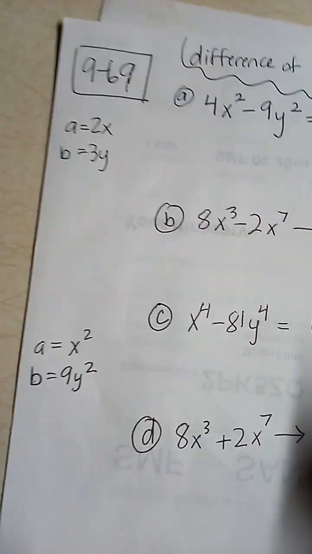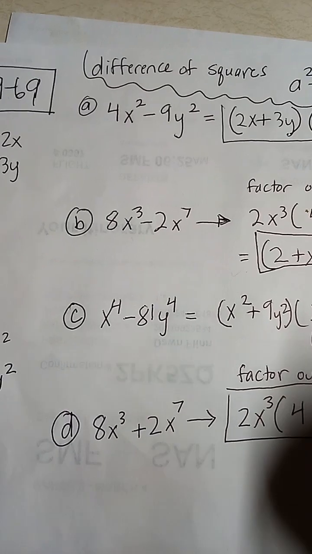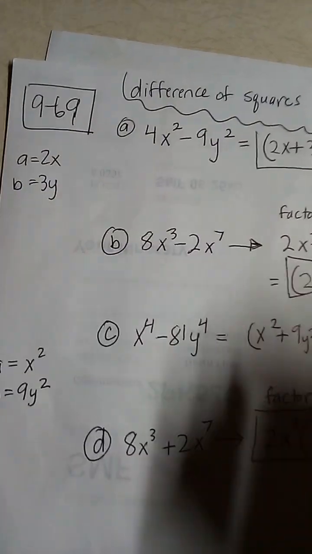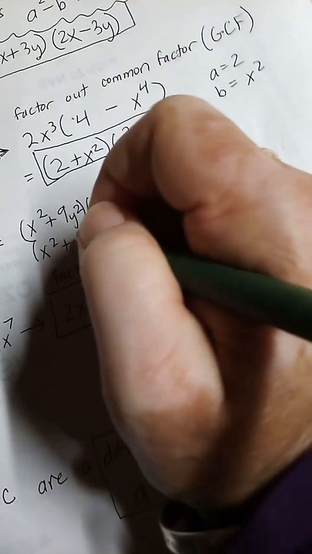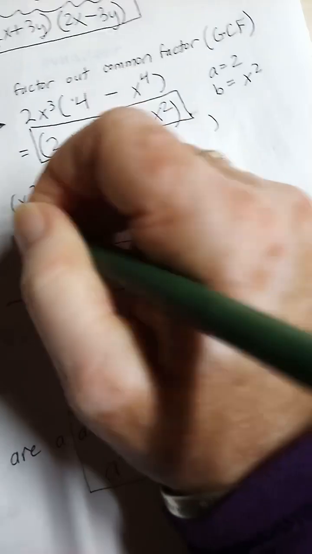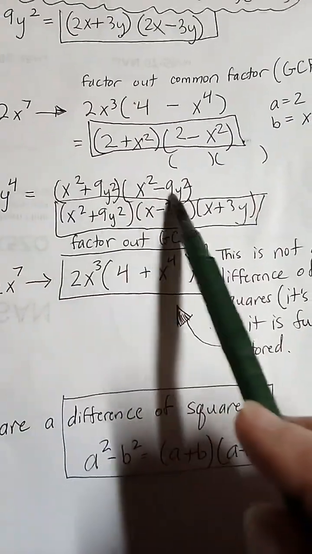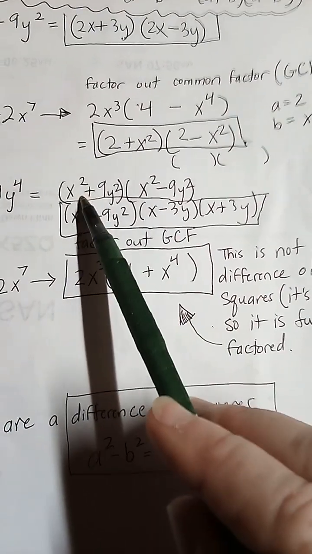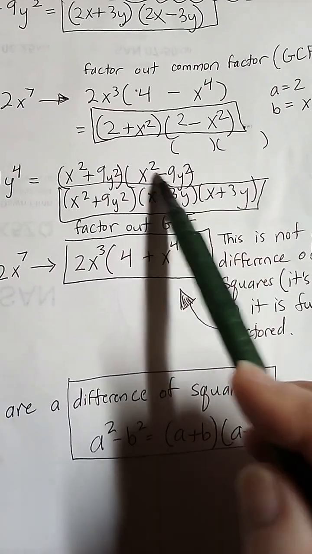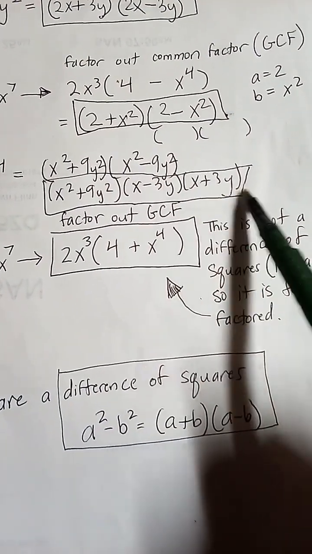So I'm going to rewrite this as x minus 3y, x plus 3y. I know you can't see what I'm writing. When I took the difference of squares, I ended up with another one, so I could do it again. I took the square root of x squared and the square root of 9y squared.